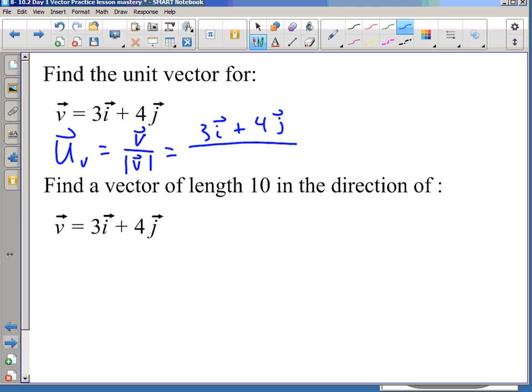The magnitude is, if we looked at this vector, right 3 and up 4, square root of 3 squared plus 4 squared. That's 25, which of course is 5. And writing a fraction, we can put 3/5 as the component for the horizontal and 4/5 for the component of the vertical.